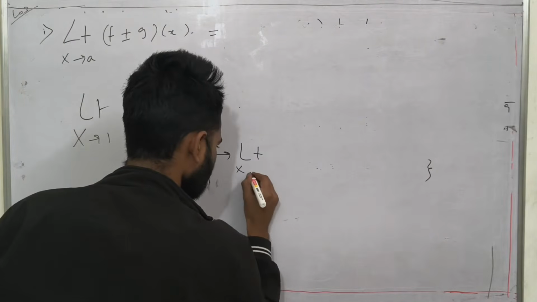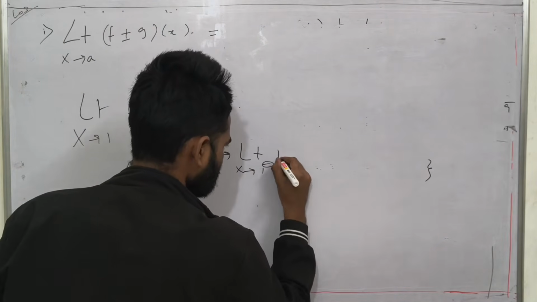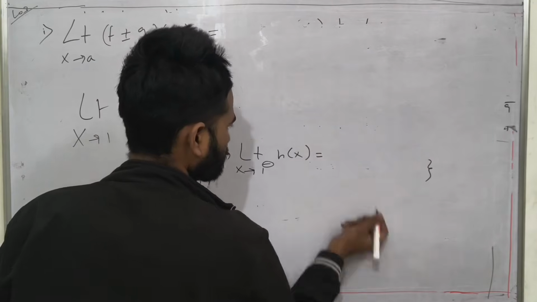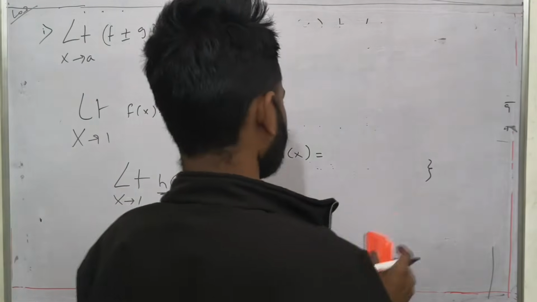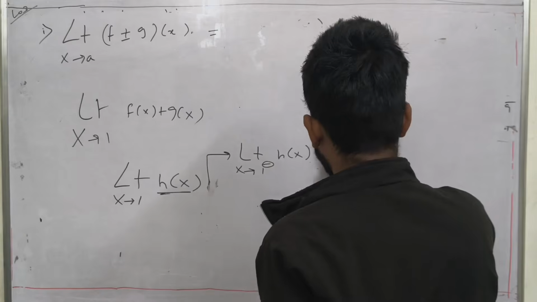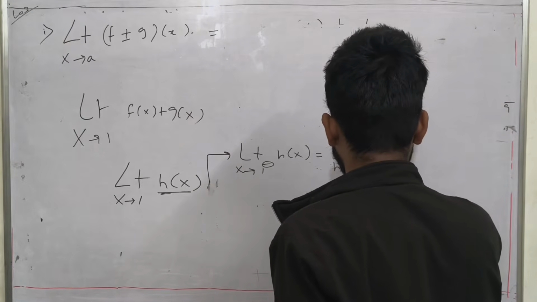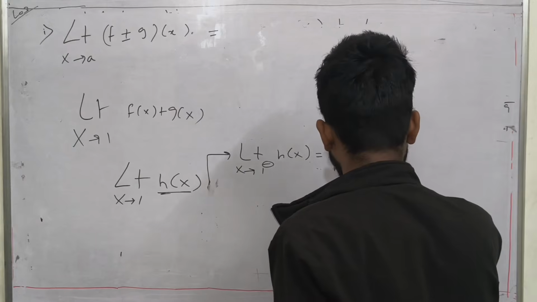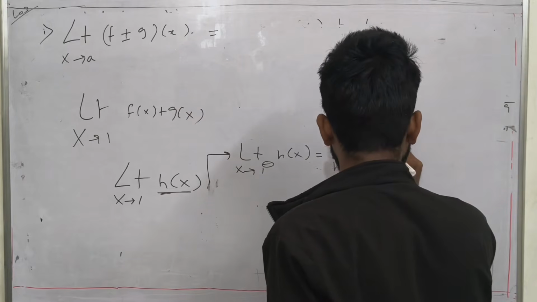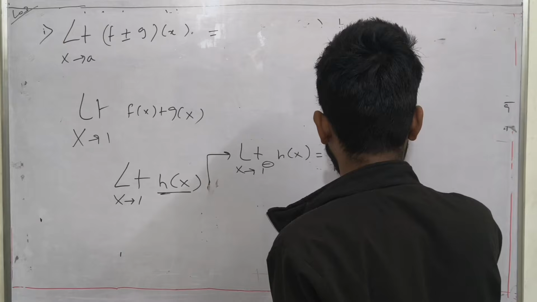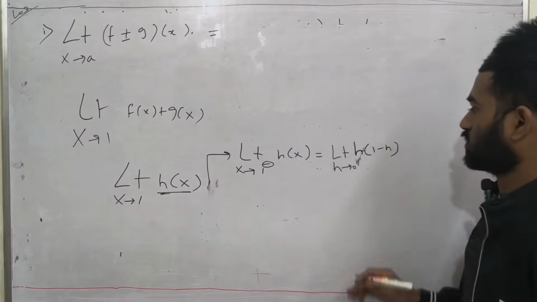Limit x tends to 1 minus of h of x equals limit h tends to 0 of h of 1 minus h. समझ में आ रहा है?